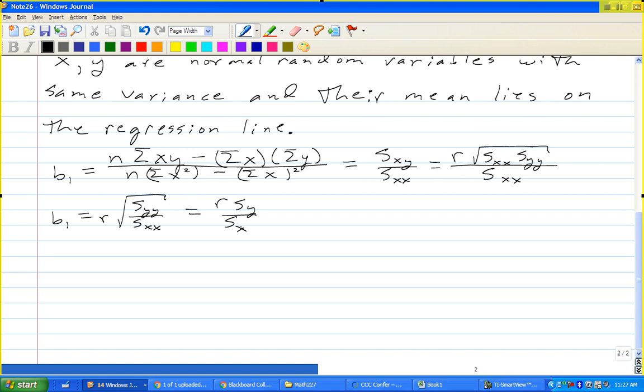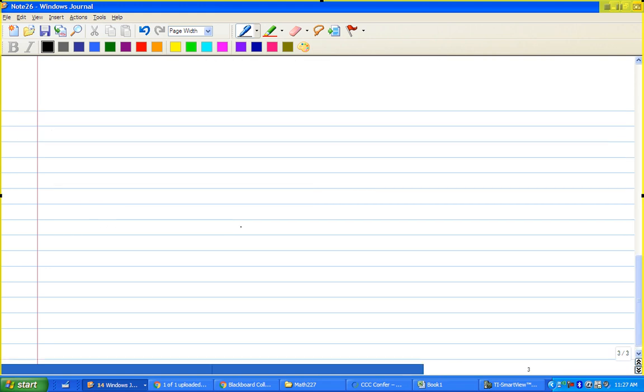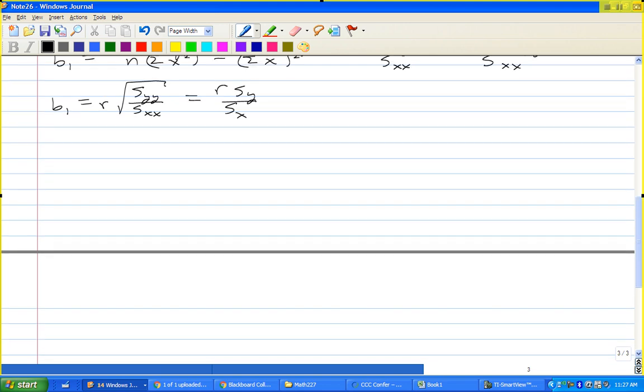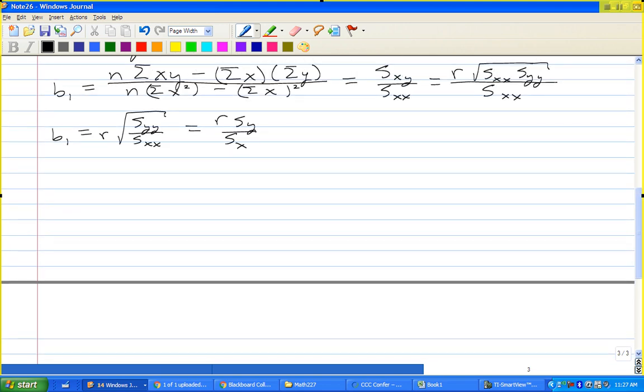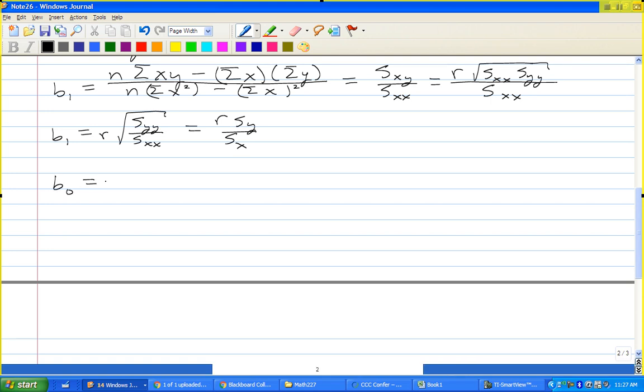Okay, the y-intercept can be written in the following formula.